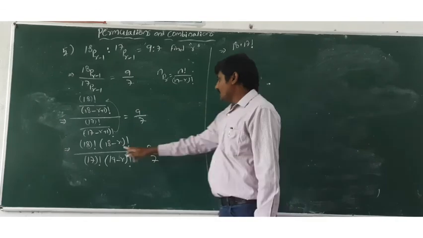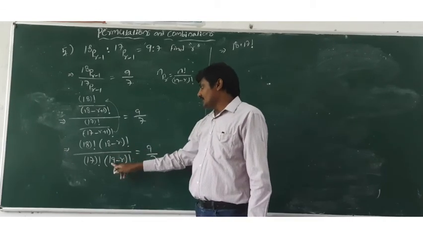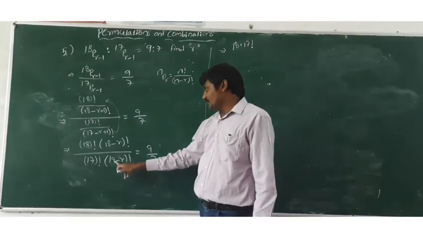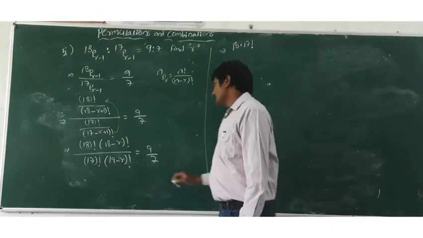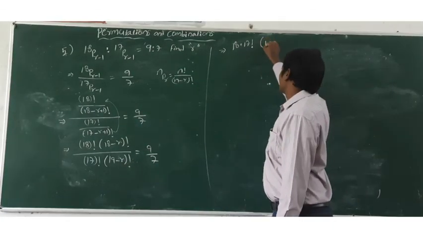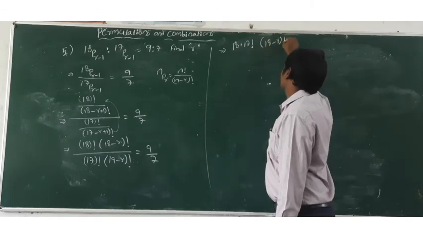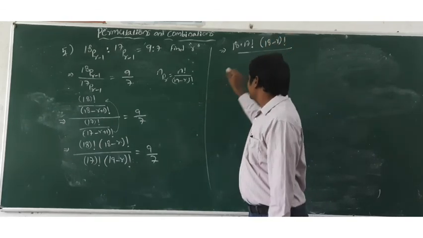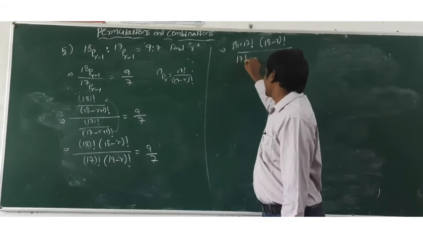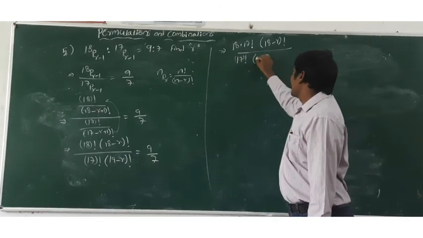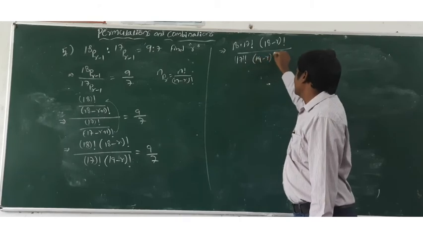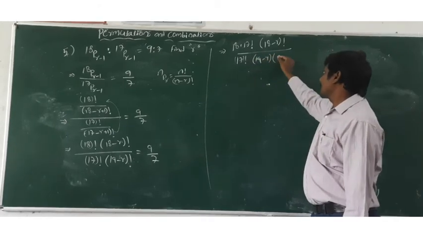And here (18 minus r) factorial, here (19 minus r) factorial. Which one is biggest? 19 minus r is the highest factorial. That's why the (18 minus r) factorial is as usual, and 17 factorial is as usual, and (19 minus r) factorial is written as (19 minus r) into (19 minus r minus 1) factorial.